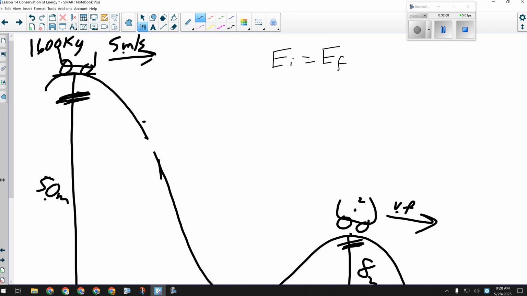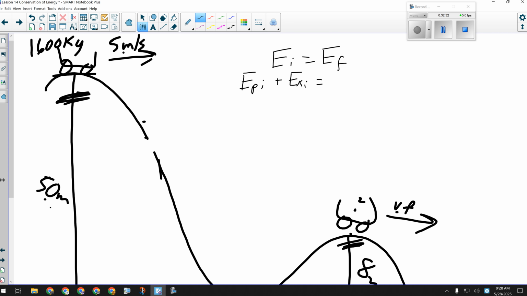Does it have initial potential energy? Definitely, 50 meters above the ground. Does it have initial kinetic energy? Yeah, it's moving at 5 meters per second. Does it have final potential energy?